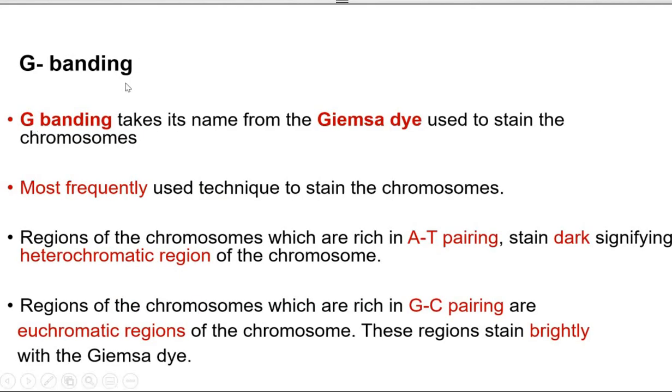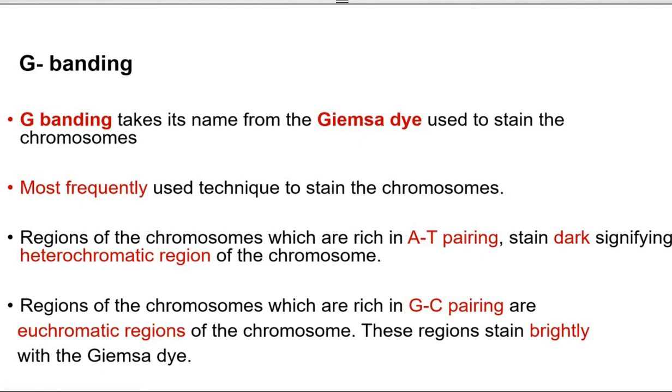Now, for G banding, a little bit of what you are supposed to know: you use the Giemsa stain, and this stains the AT pairing region as dark, which signifies that it is a heterochromatic region, and the GC pairing region as light, bright, which is the euchromatic region of the chromosome.